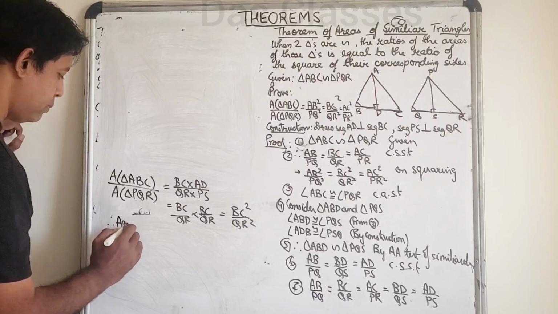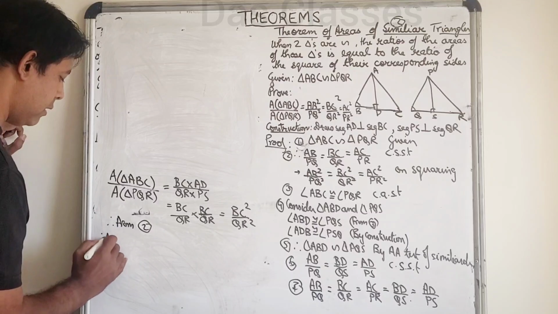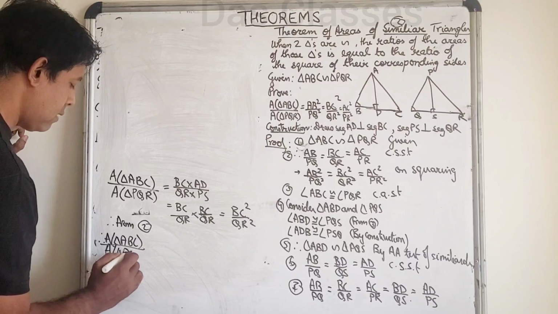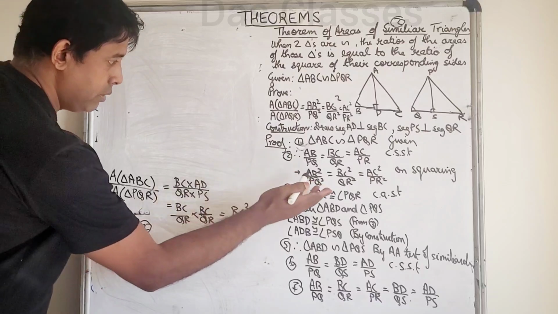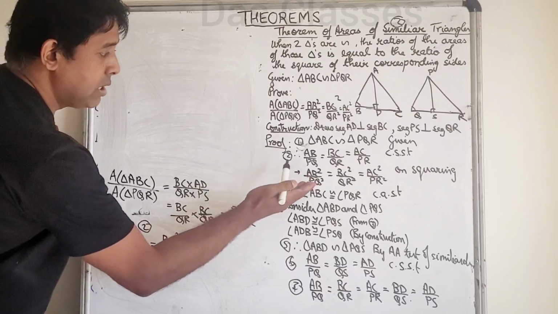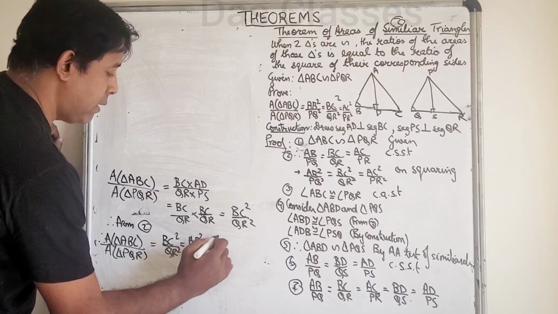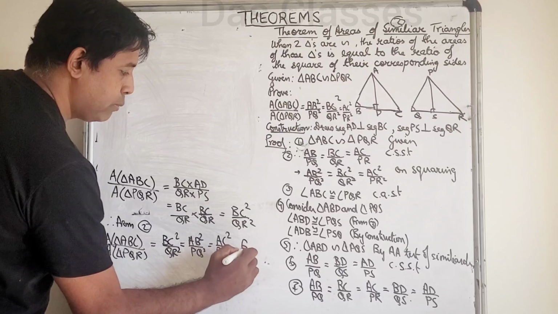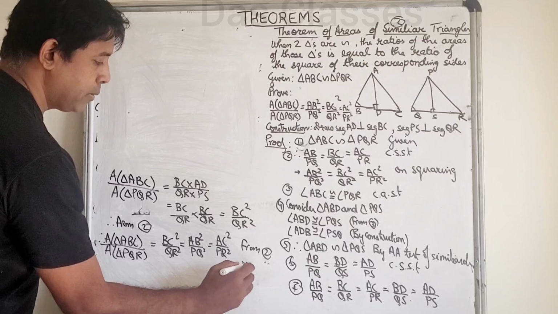Therefore, from 2, we can write area of triangle ABC upon area of triangle PQR is equal to BC square upon QR square, which is the same as AB square upon PQ square and AC square upon PR square, from statement number 2. So hence that is what we needed to prove, proved.